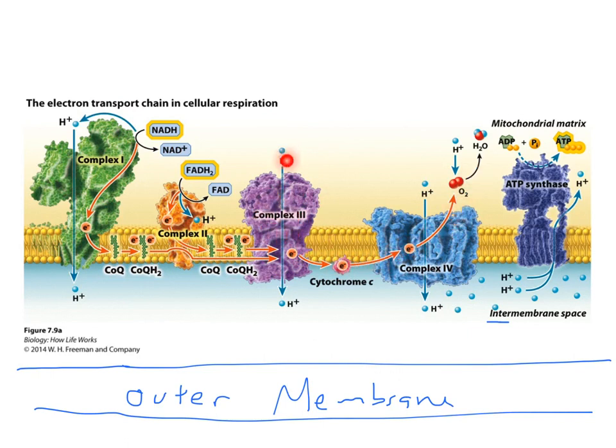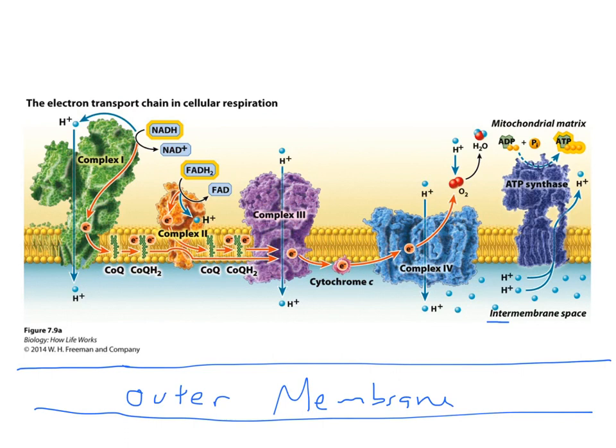Complex 3 pumps protons as the electrons leave complex 3 to cytochrome C. Cytochrome C takes the electrons to complex 4. Complex 4 deposits those electrons onto oxygen. As that occurs, we pump protons again from the matrix to the intermembrane space.